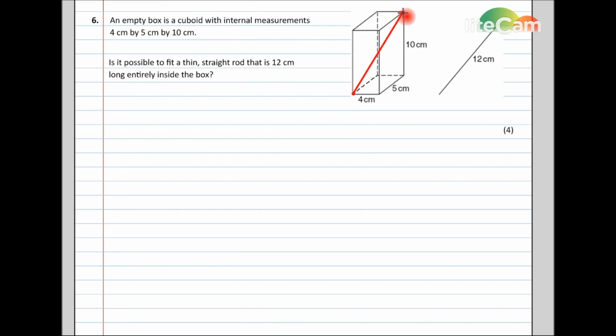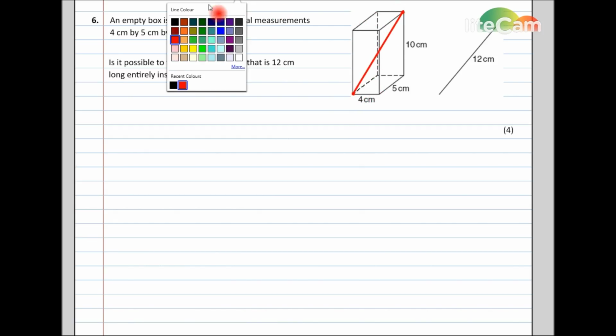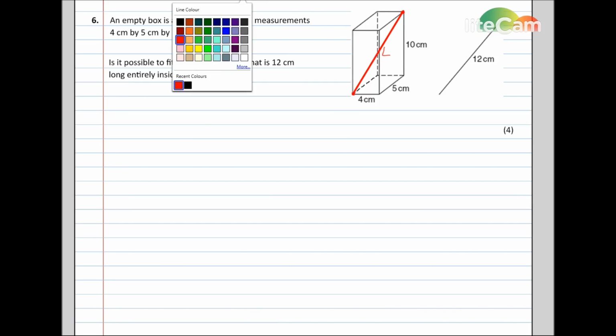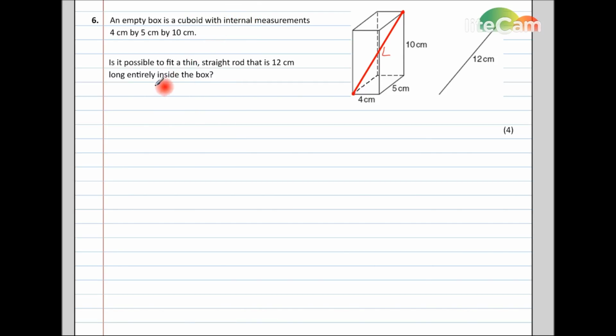So from here to here, that's the distance we want to find. And if it turns out that this distance is less than 12, then the rod won't fit in the box. So I'm going to call that length L. Now, 3D Pythagoras tells us that the distance from corner to corner, L squared, is equal to the sum of the 3 sides of the box squared.